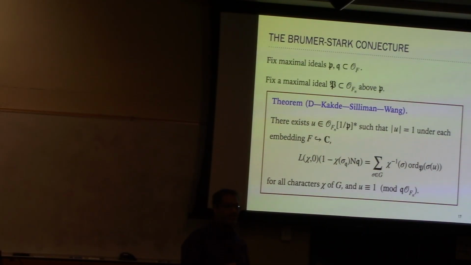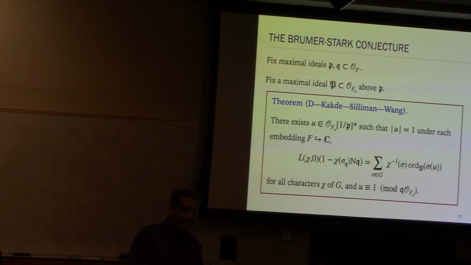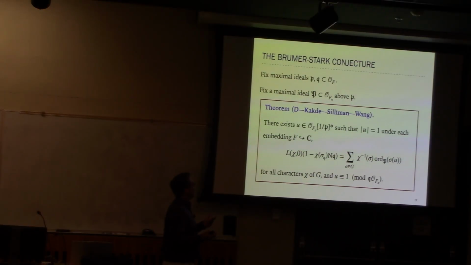So the valuation at a prime means like the valuation of the number 18 with respect to the prime 3 is 2, because 3 squared divides 18, right? And that's what this ord is, it's just the valuation with respect to this prime. So instead of the infinite place, where you're taking a logarithm of an absolute value, you're taking a finite place and just looking at its valuation.